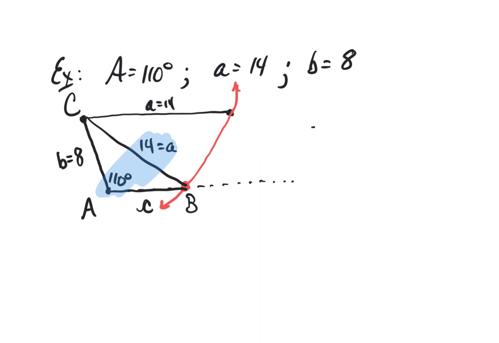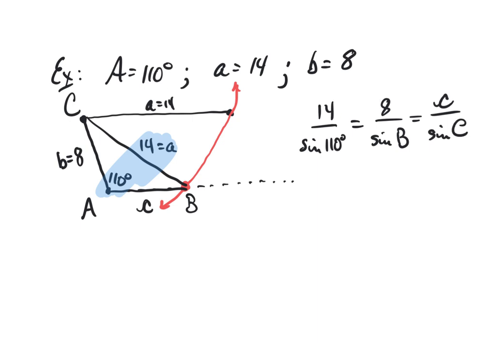Okay, so we set up our 3 equal fractions using side A, side B, side C, and we use the sine of each angle across. 14 is across from 110 degrees, 8 is across from angle B, and side C is across from angle C. So almost identical to the ones we were doing yesterday.